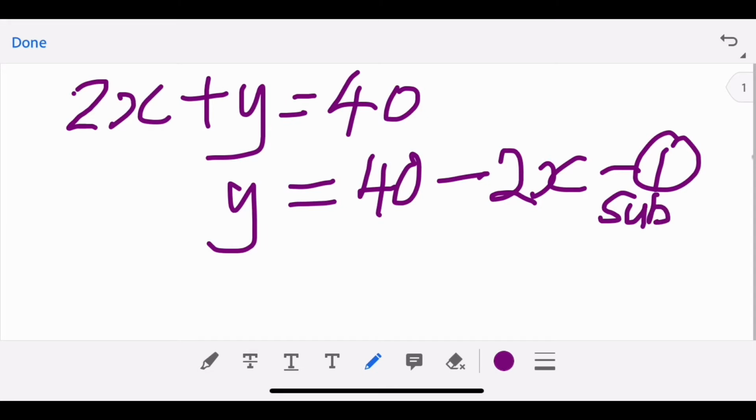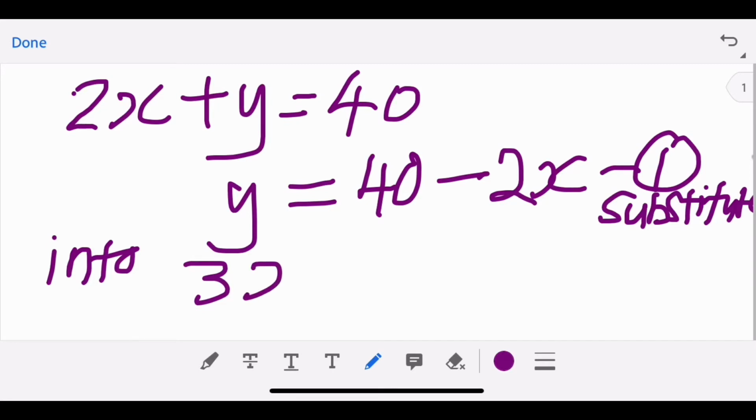Alright, so now we go to equation number 2. From equation number 1, we express either x or y as the subject. Then after that, we will substitute y equal to 40 minus 2x into equation number 2, right?